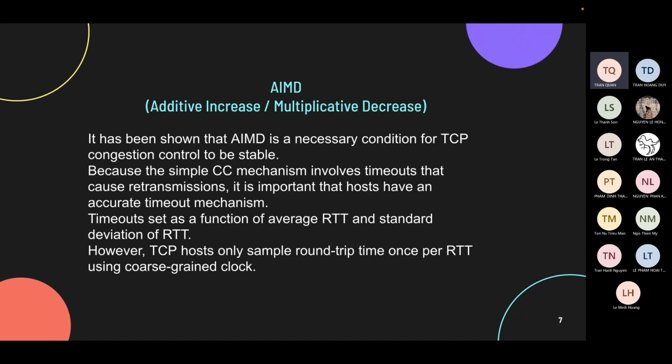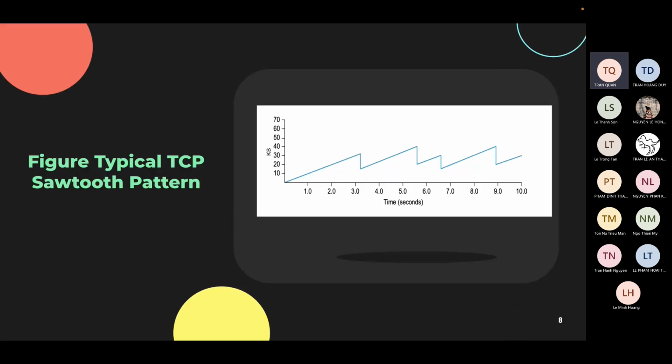However, TCP hosts only sample round-trip time once per RTT using a coarse-grained clock. Figure: TCP sawtooth.